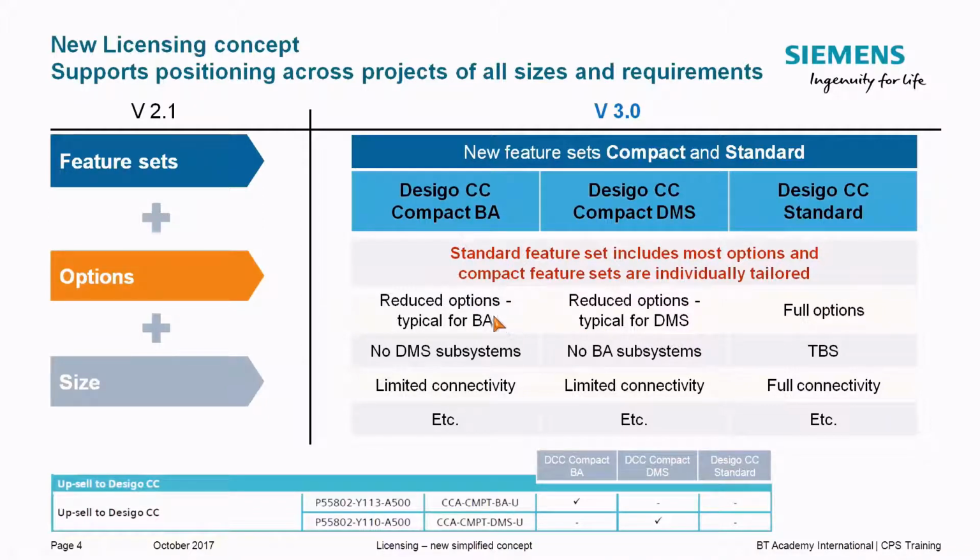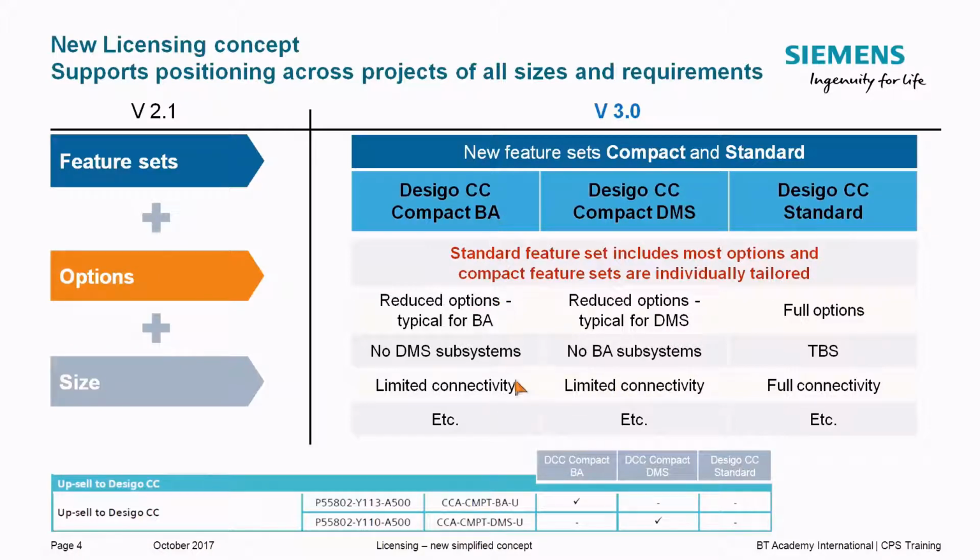The building automation compact doesn't allow adding the DMS subsystem, and the DMS compact has no possibility to add building automation subsystems. So basically, looking at a former Desigo Insight project or an MM8000 project, we tailor it to those two markets, purely BA, purely DMS, whereas the standard has full options.